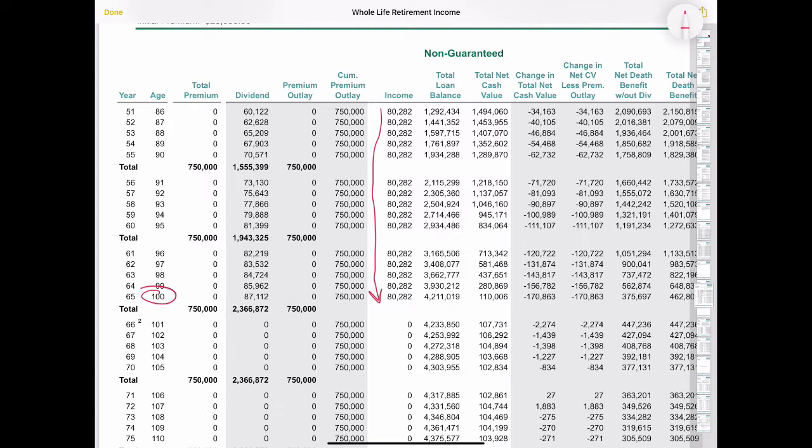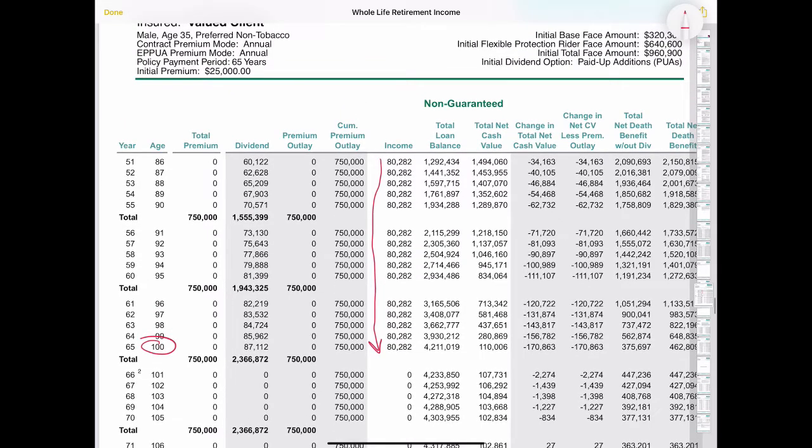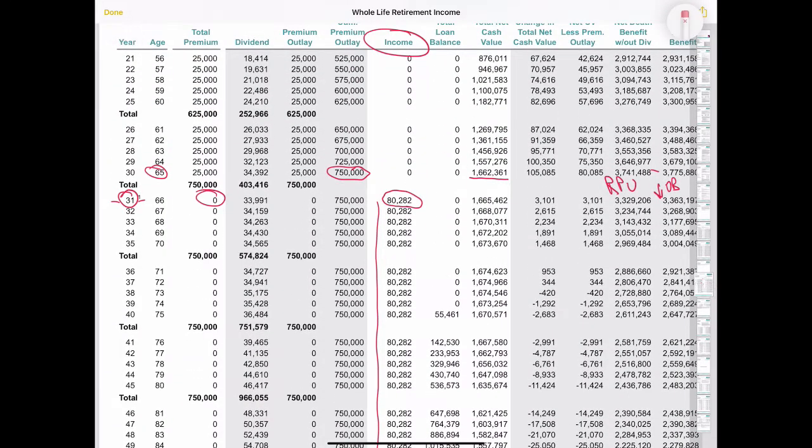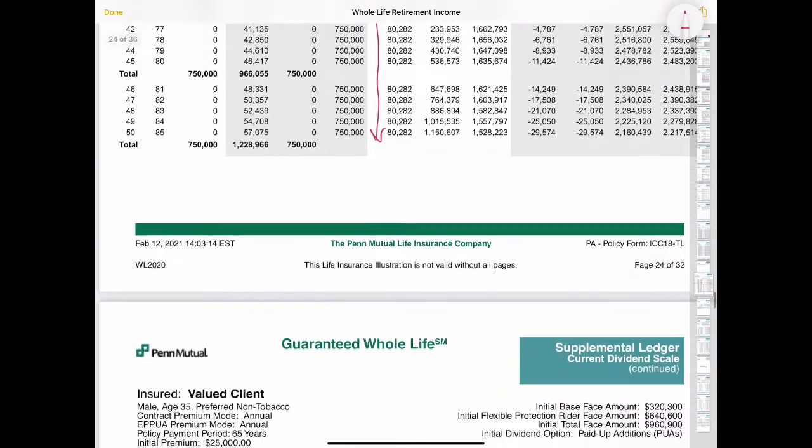So what this shows us is this individual policyholder has contributed $750,000 in premiums. By age 65, has accumulated $1,662,361, and with that generates $80,282 per year in income for the next 35 years.